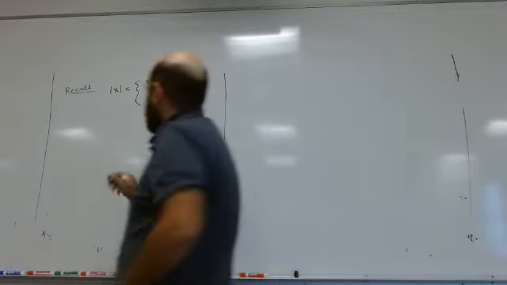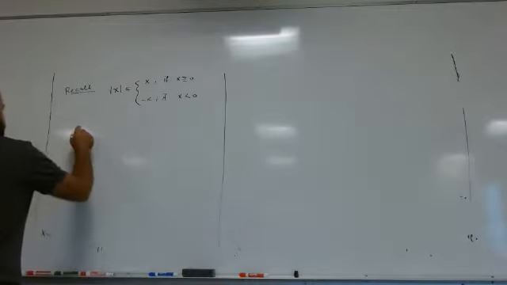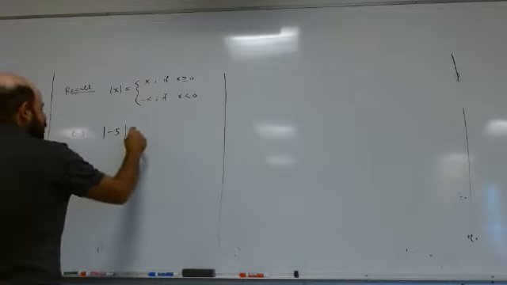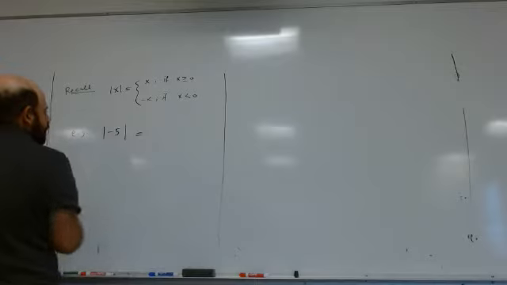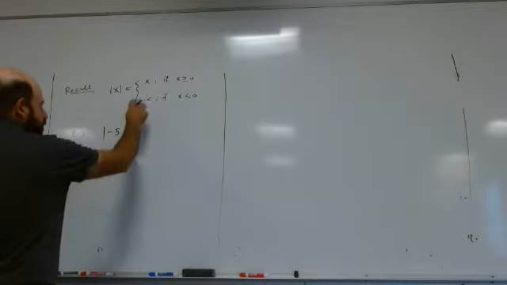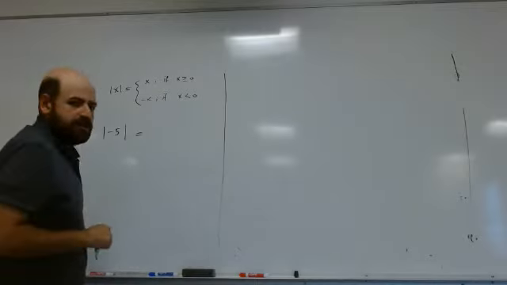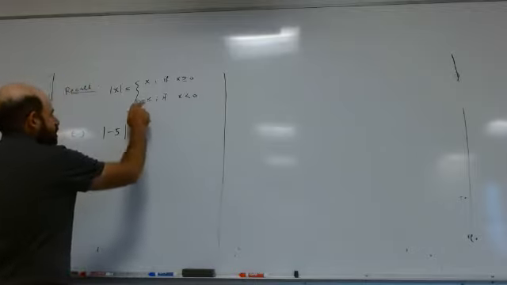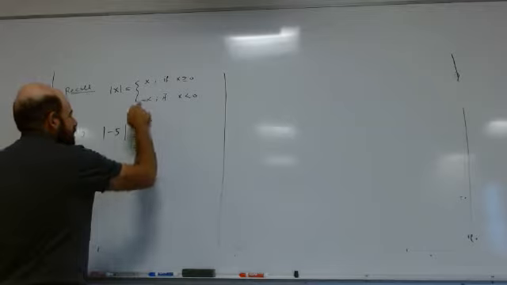So let me write as an example absolute value of minus 5. We expect to get 5 as the final answer, but let's use this formula to check whether we get 5. Absolute value of minus 5: since x is minus 5, I have to use the second formula.